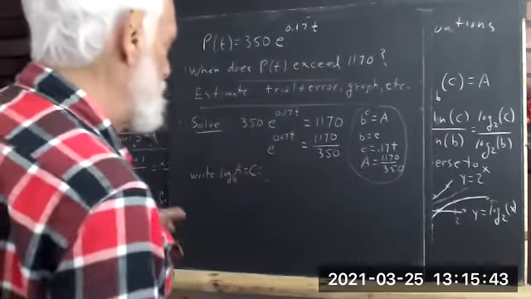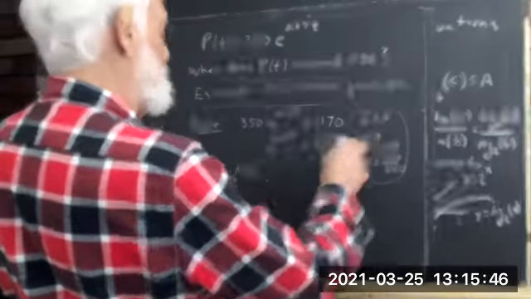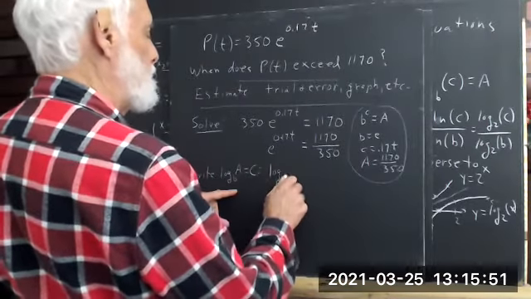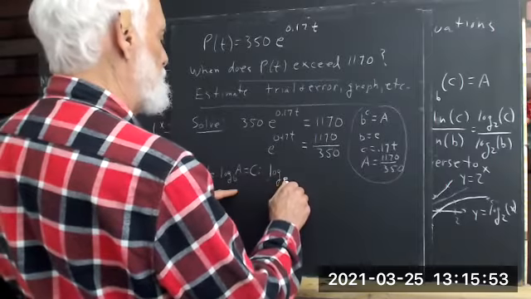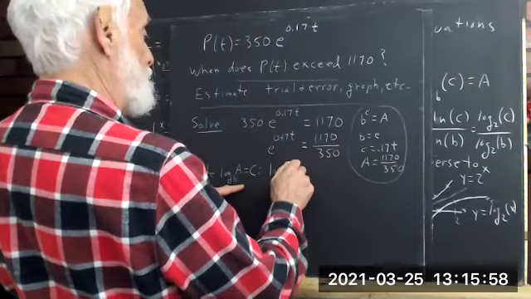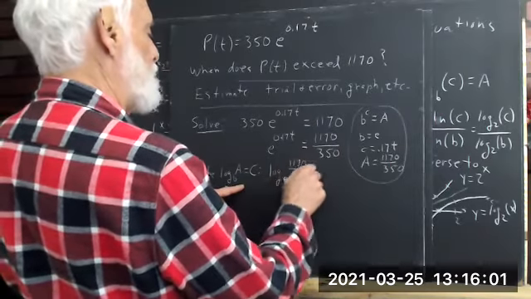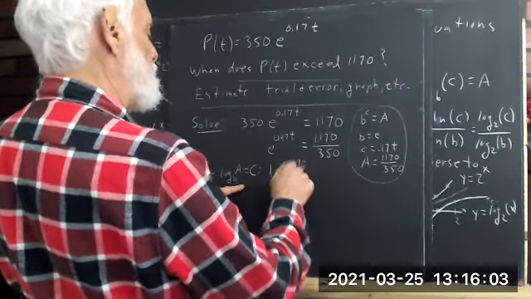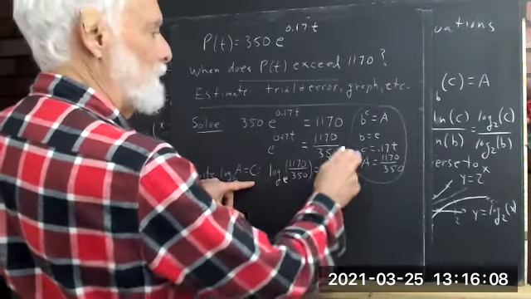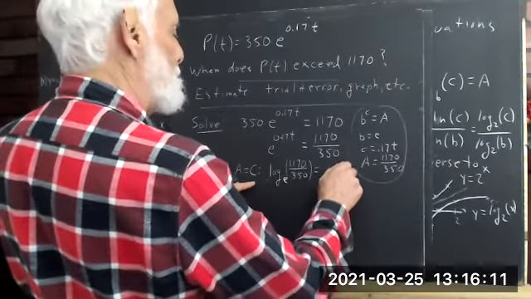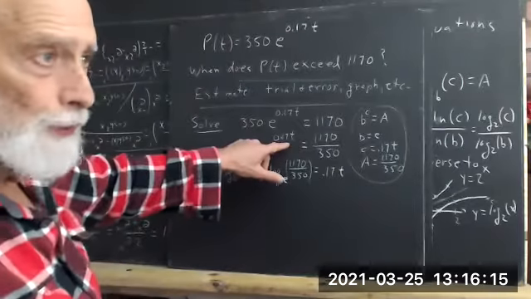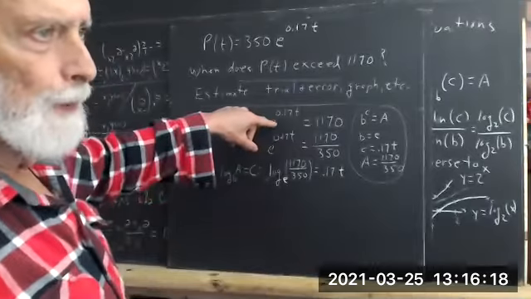Okay? And that becomes log base b, b being e, so that's log base e of a, which is your 1170 over 350 equals c, which is your 0.17 t. Now notice that your 0.17 t was here stuck in the exponent.